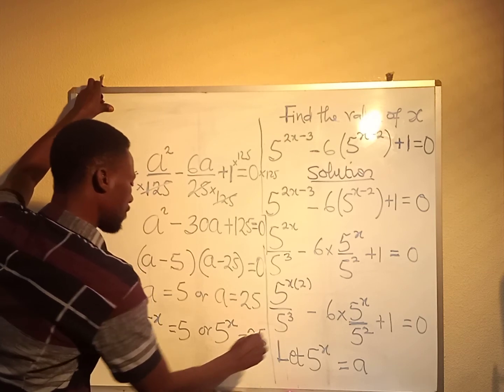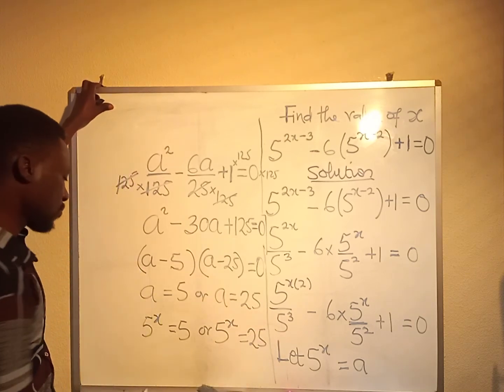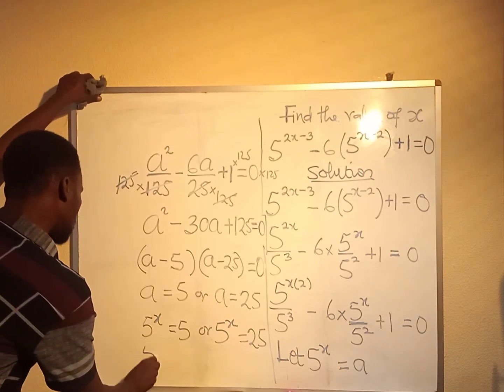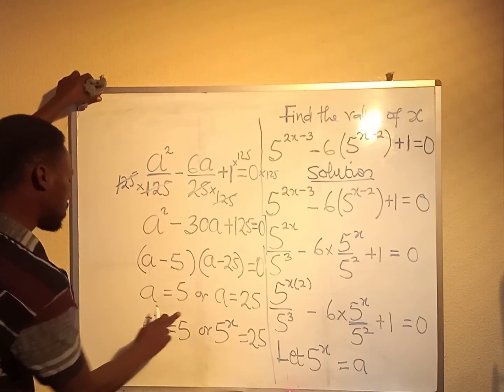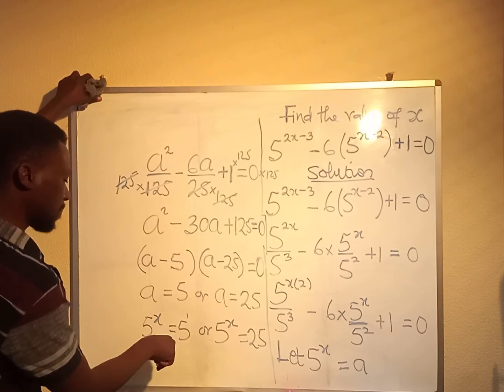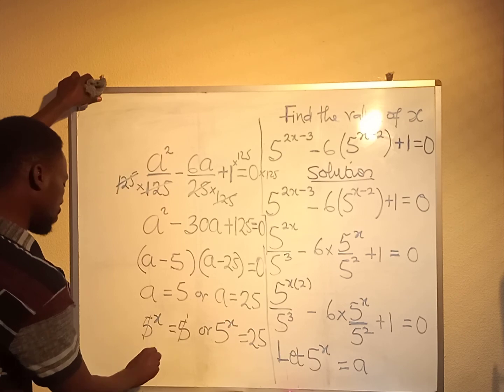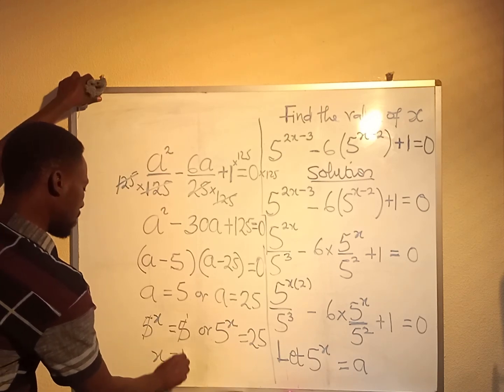So this is what we have. And then by solving this, what do we have? If 5 raised to the power x is equal to 5, it means that there's a power of 1. When the bases are equal, what do we do? We equate the exponents. So it means x will be equal to 1.